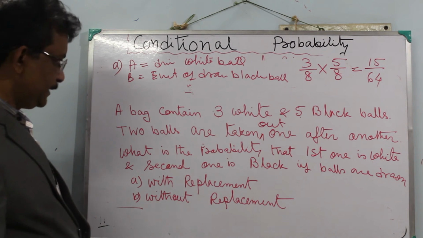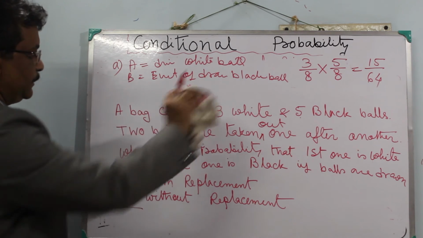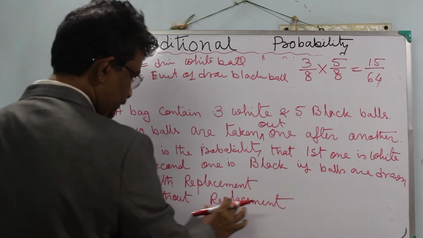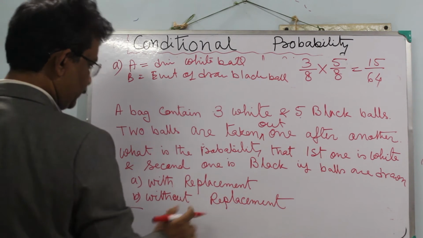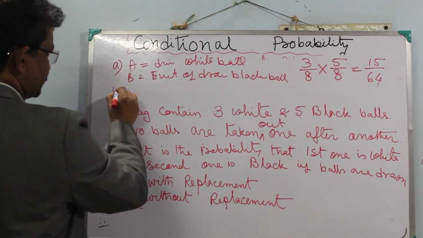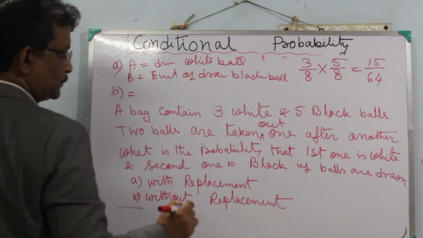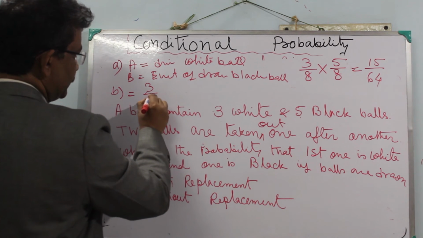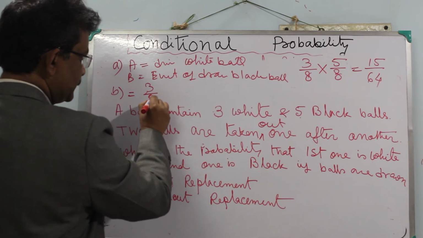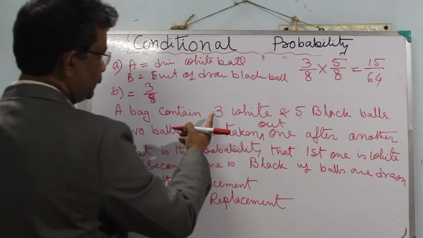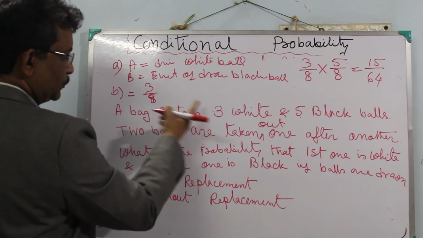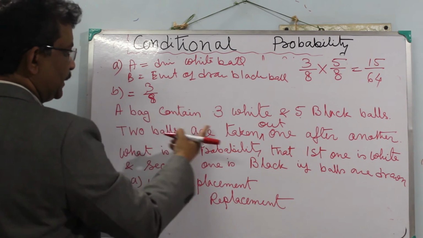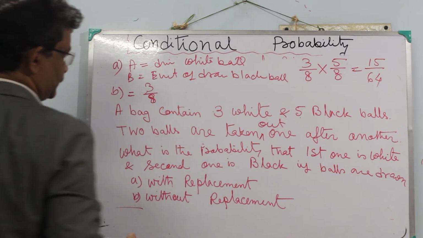Then second problem B, the same thing but now without replacement, balls are not replaced. So for the first white ball, the probability is 3 by 8, because the total number of cases is 8 and the favorable cases are 3.